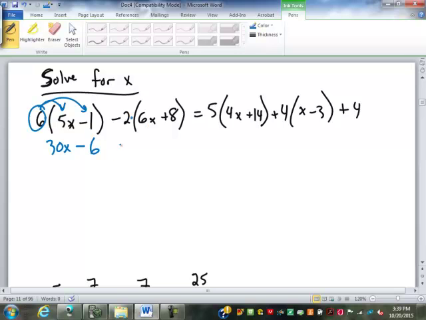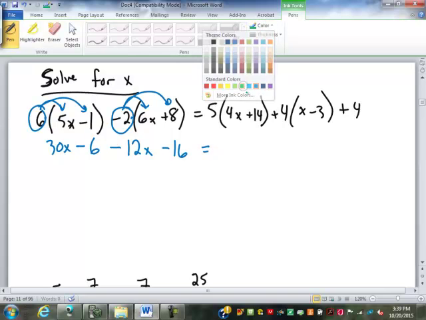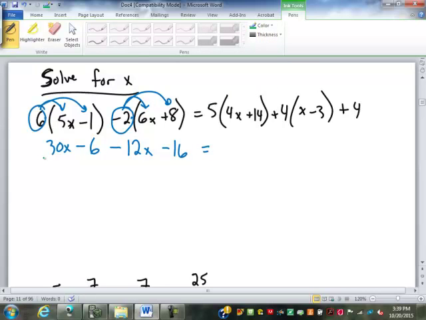Now this parentheses is not multiplied by 2, it's multiplied by negative 2. Good. Negative 2 times 6x, negative 12x. Negative 2 times 8, negative 16.